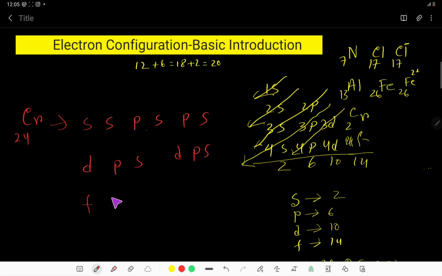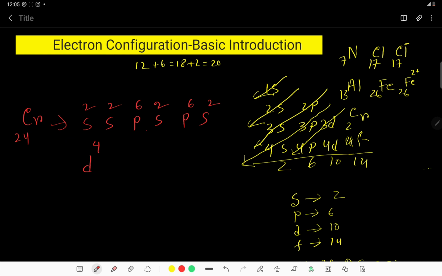Then I can write fdps. Okay, let us distribute these 24 electrons: 2, 4, 10, 12, 18, 20, then 24. So already we have distributed all the electrons that are available in a neutral chromium atom.